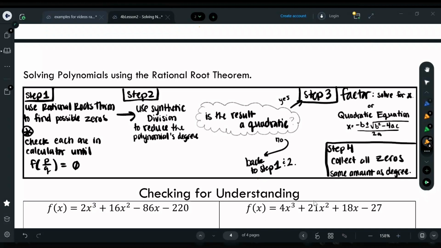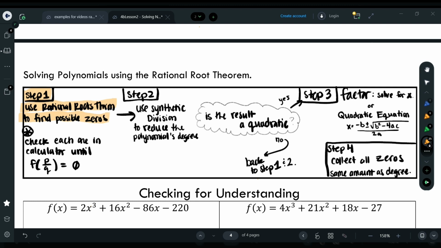Okay, so here we've got a flow chart for solving polynomials using the rational root theorem. The only part of this that's new to this set of notes, the rational root theorem, is the very first step. Step 1, use the rational root theorem to find possible zeros.